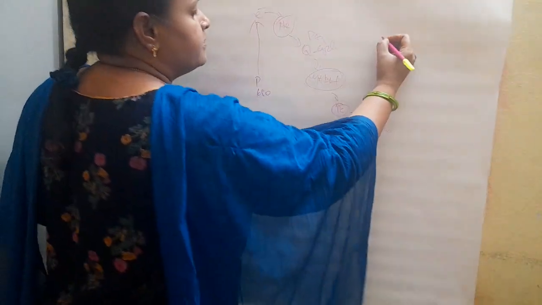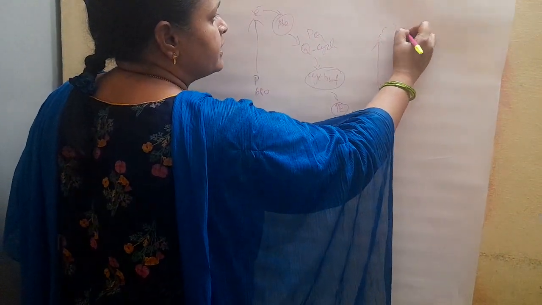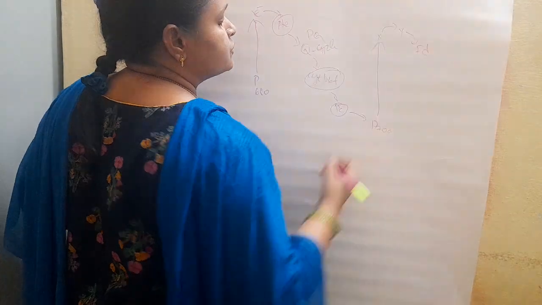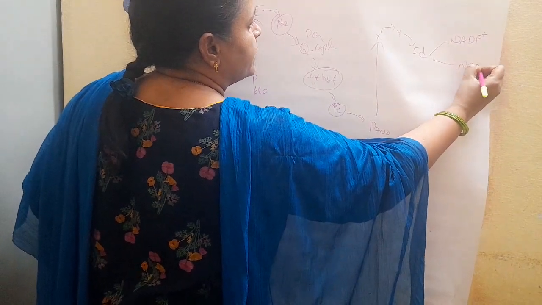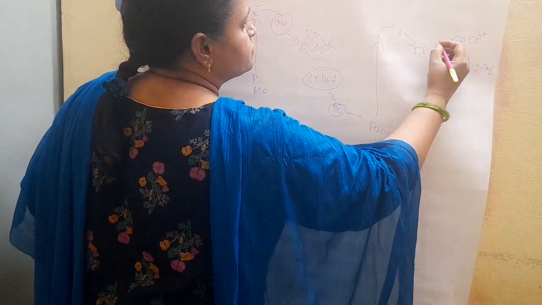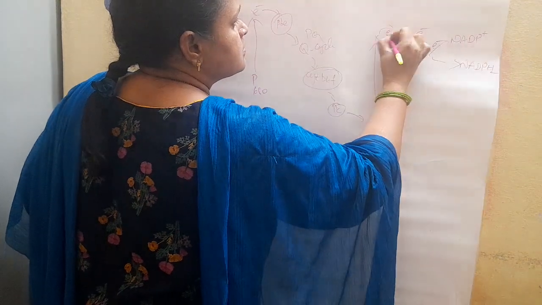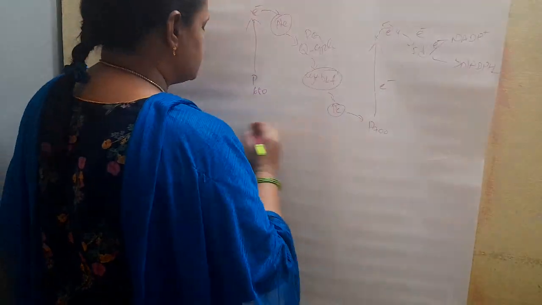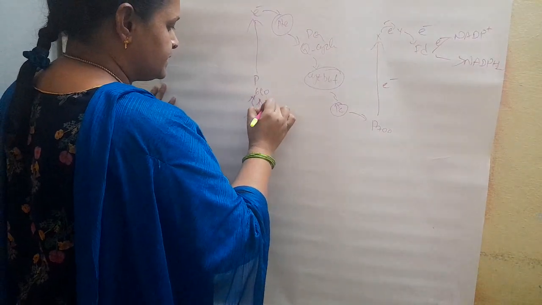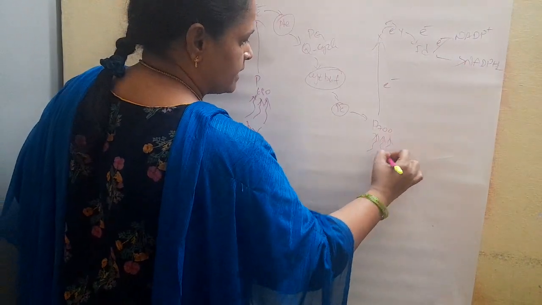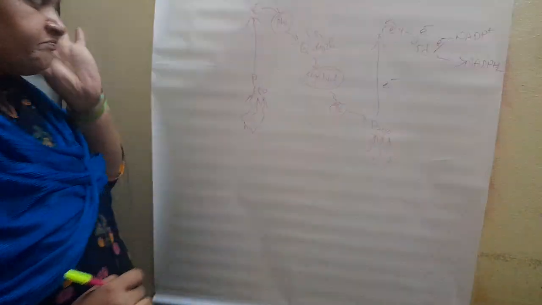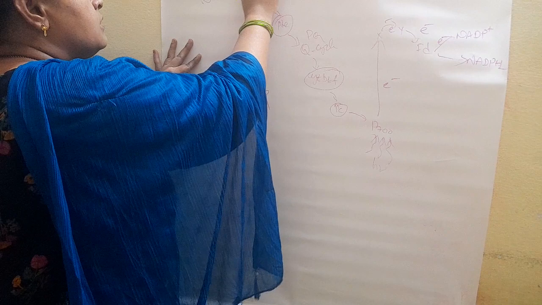It gets excited, and through some intermediate compounds it finally reaches ferredoxin, and from ferredoxin NADP+ is converted into NADPH2. Electrons are passing like this. Light is captured here, and here also, right? So this is non-cyclic electron transport.